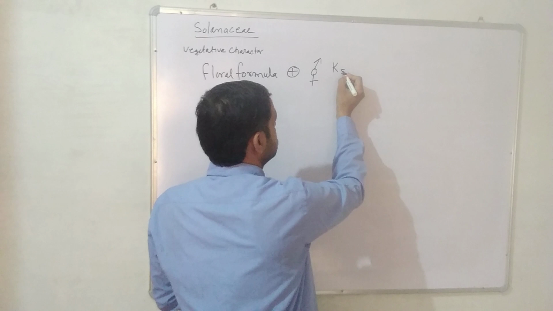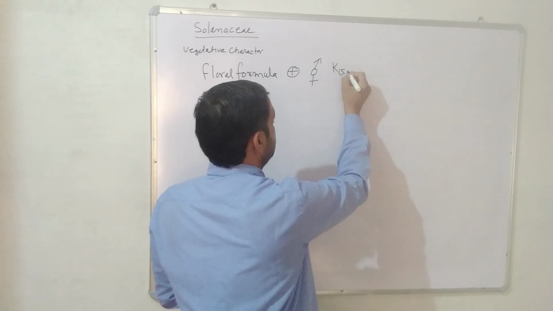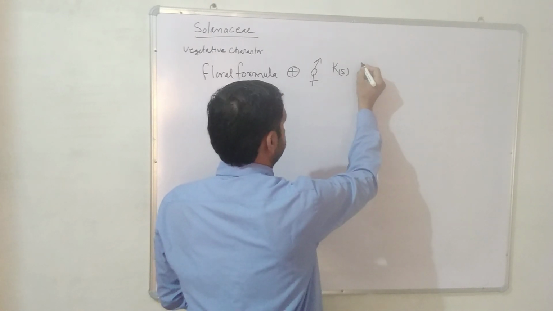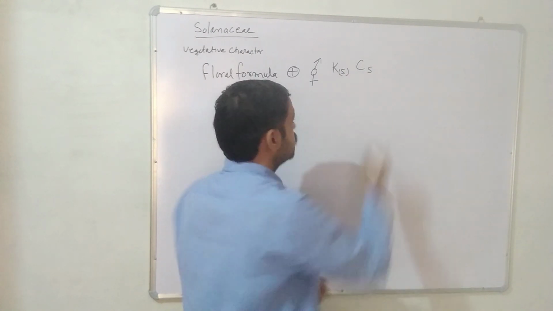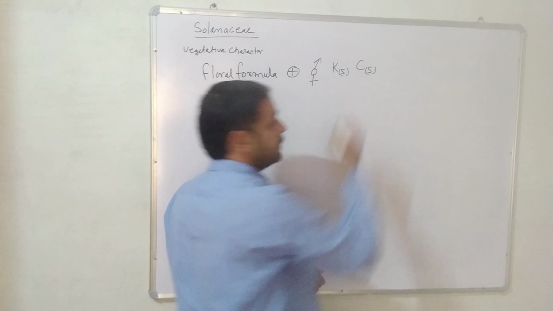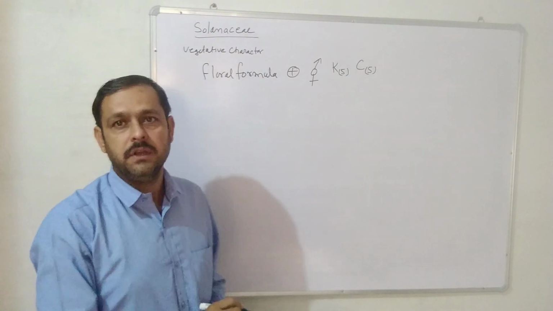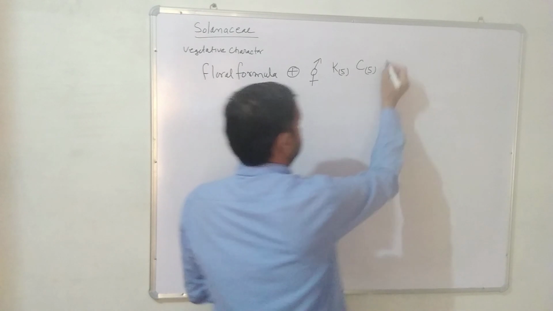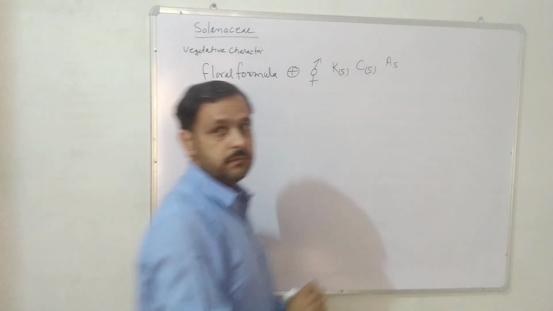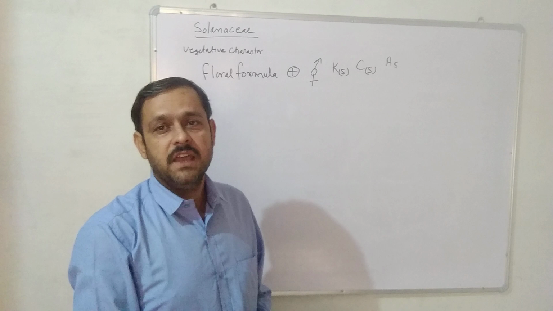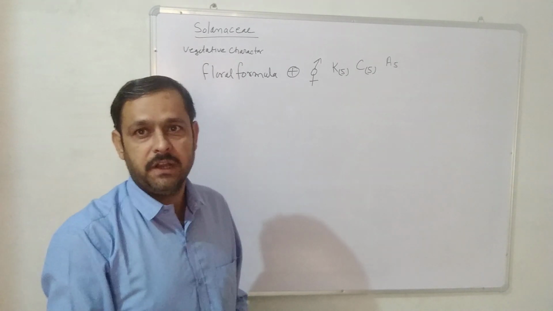How many sepals in the calyx? Five, and they are united. Then corolla, they are also five and united, so we write them in brackets. And then androecium, they are also five stamens, but the stamens are epipetalous.